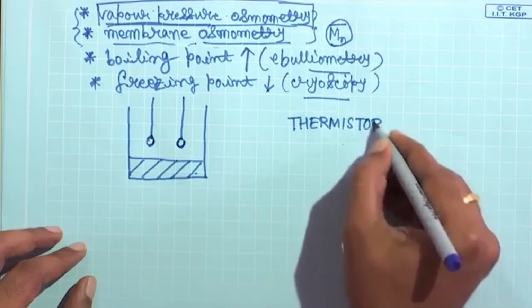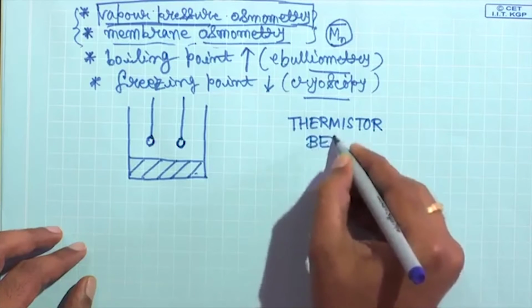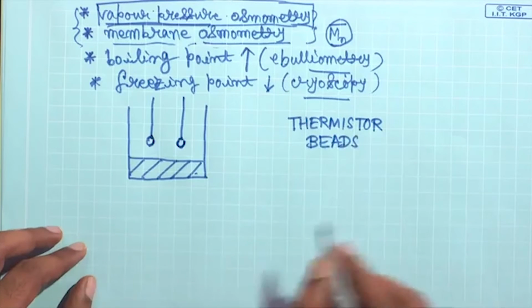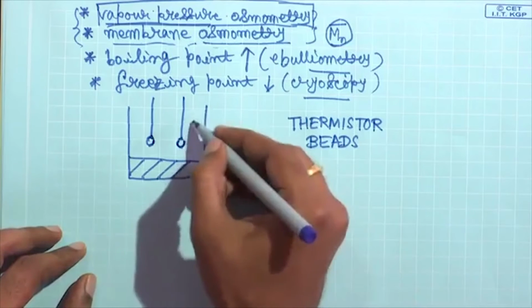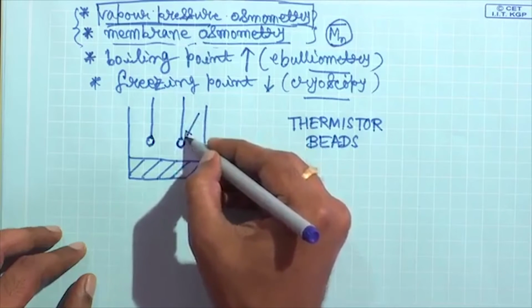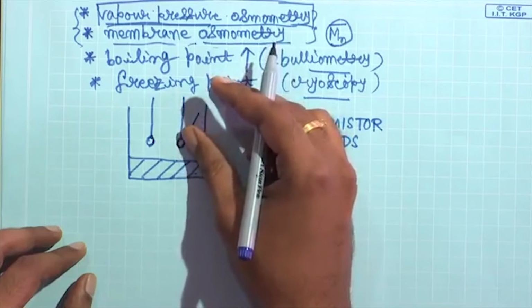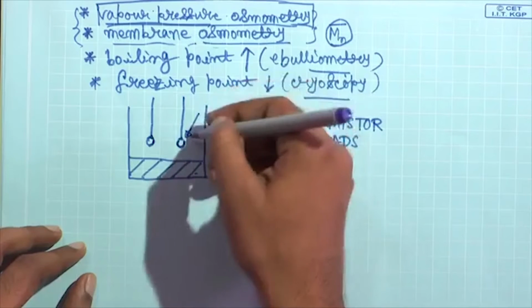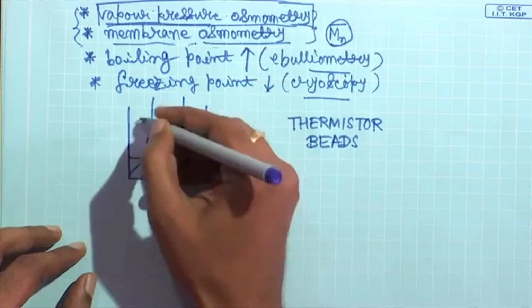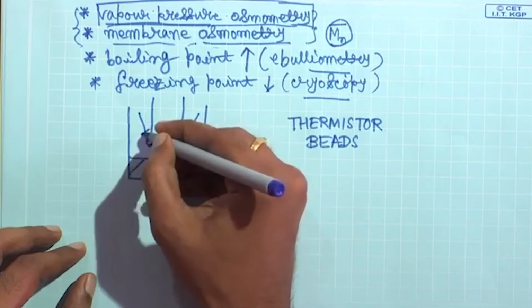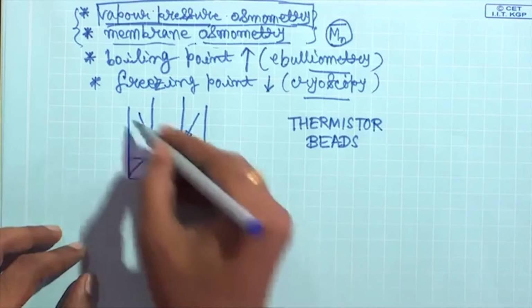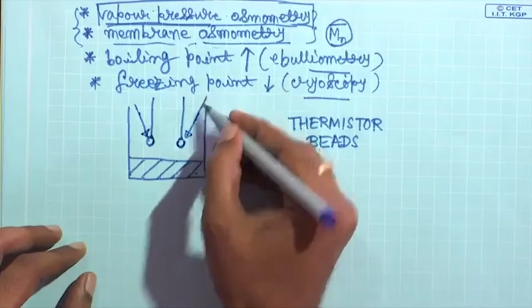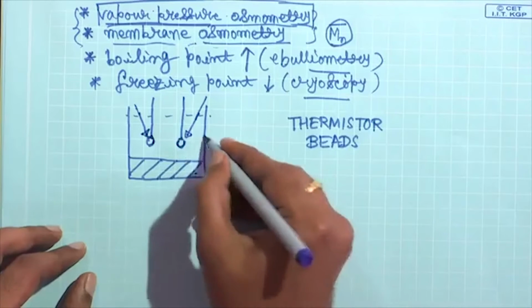I will explain what the beads are, and then you have a syringe here which can put a drop of solvent or solution, and the whole setup is temperature controlled. So, this is isothermal.